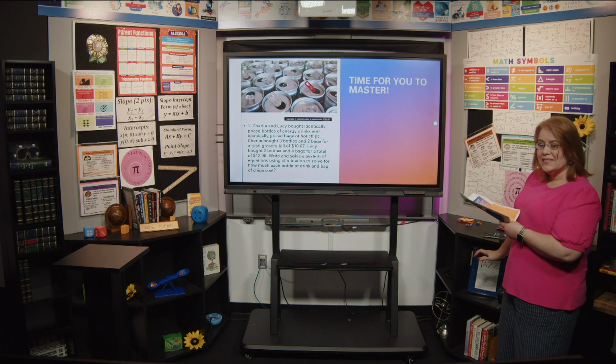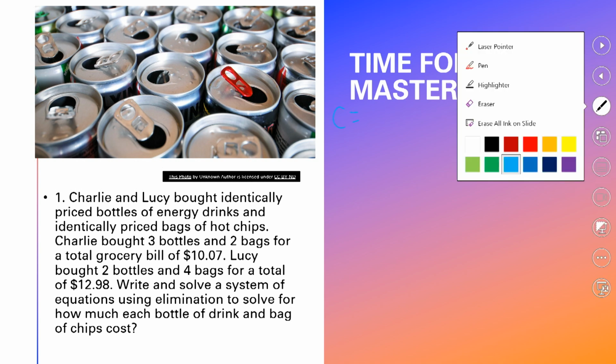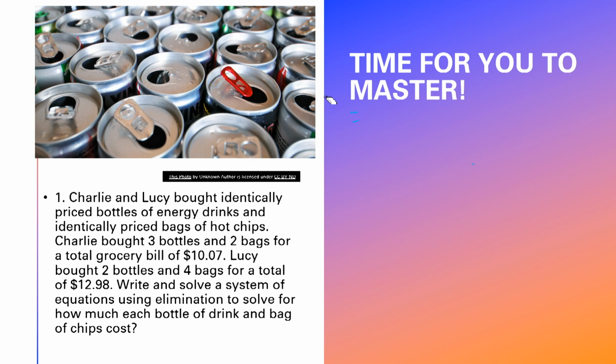Okay, so let's see what you got. Let's see what I got. What I have for Charlie is 3 times my bottle plus 2 times my chips is $10.07.